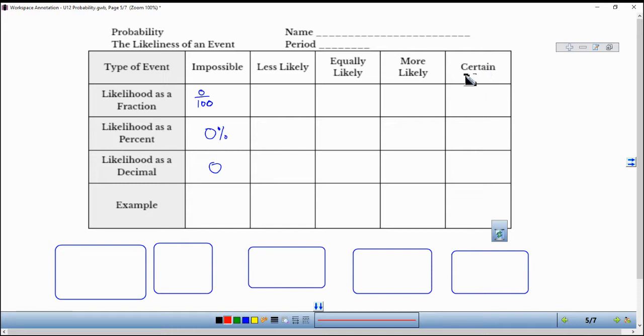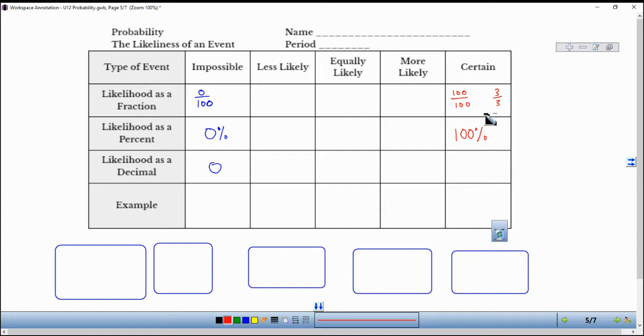If something is certain, it's kind of the opposite of impossible. If it's certain, it is 100% likely. Like it's going to happen. The fraction for that, if it's out of 100, would be 100 out of 100. If the denominator was 3, certain would be 3 out of 3.